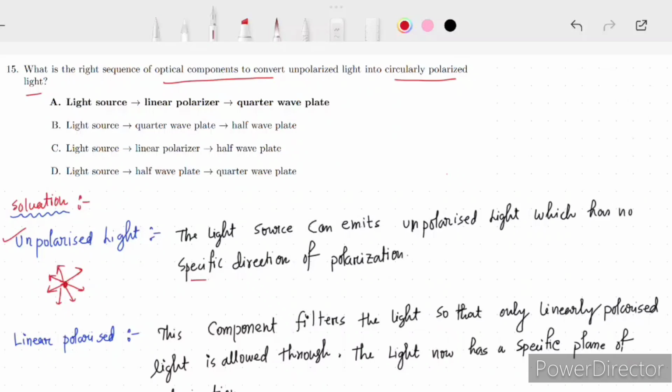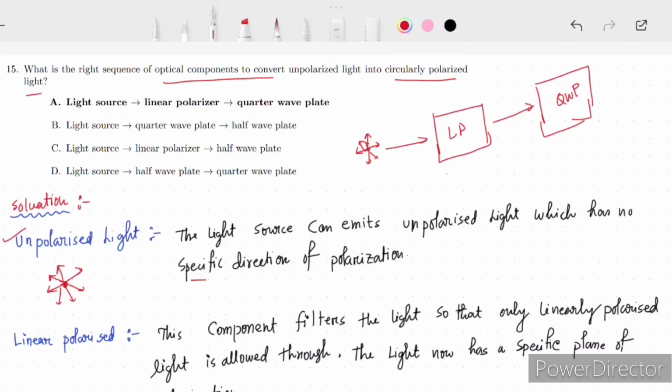So from this unpolarized light source, we place one polarizer and then another. From option A, we place a linear polarizer and then a quarter wave plate.